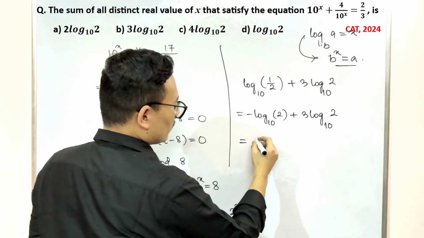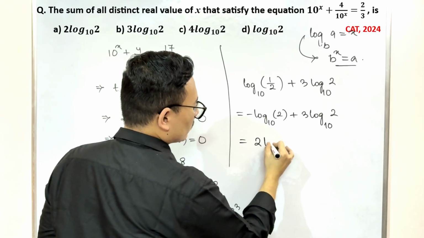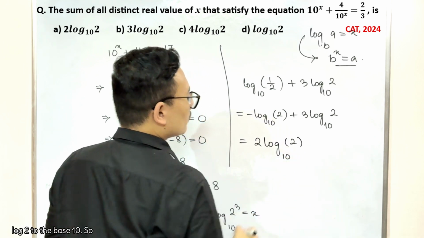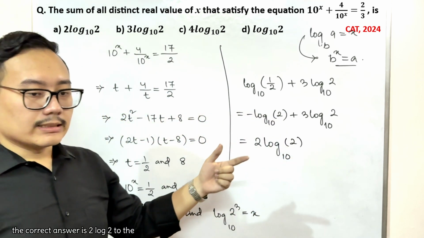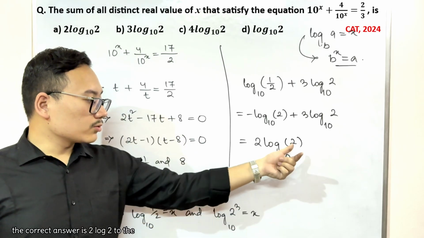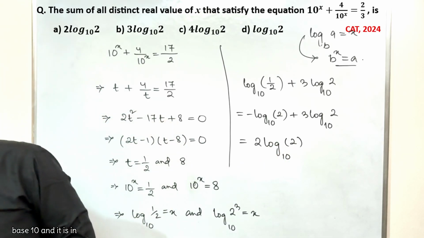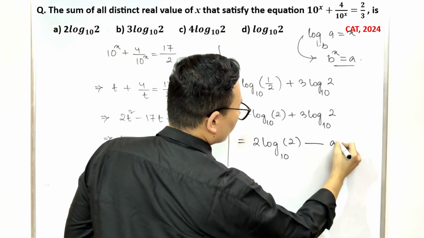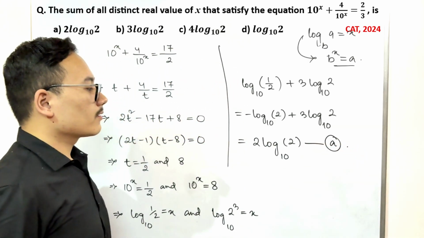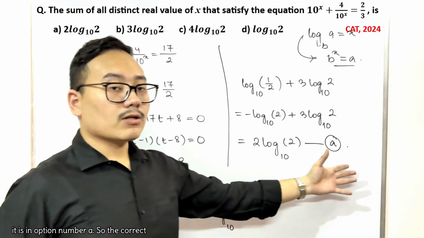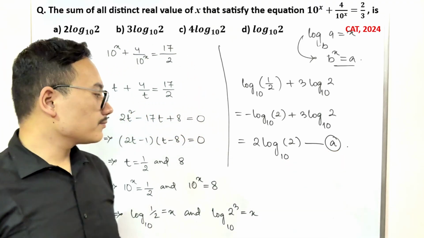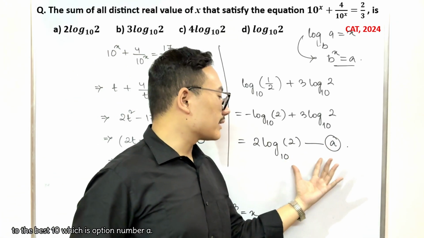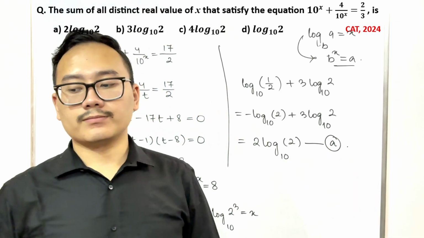So this is 2 log 2 to the base 10. So the correct answer is 2 log 2 to the base 10, which is option number A.